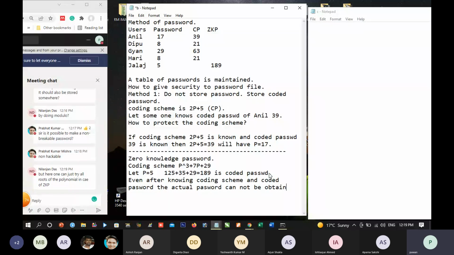Is it correct? This is called a zero knowledge password scheme. No, it is not that easy. Solving this equation is not easy.